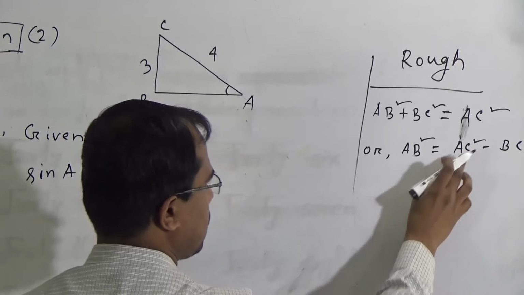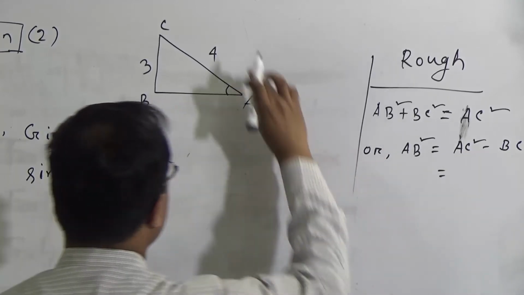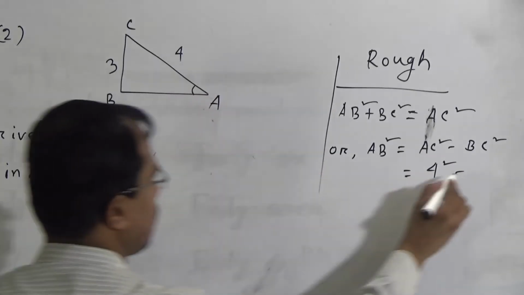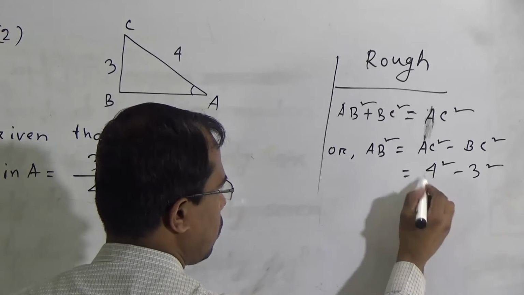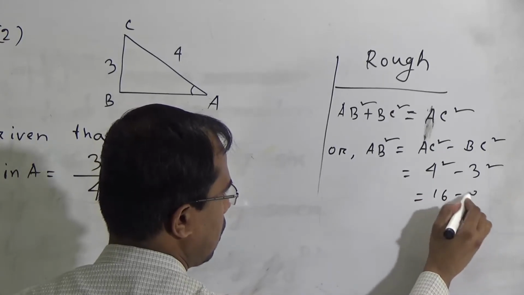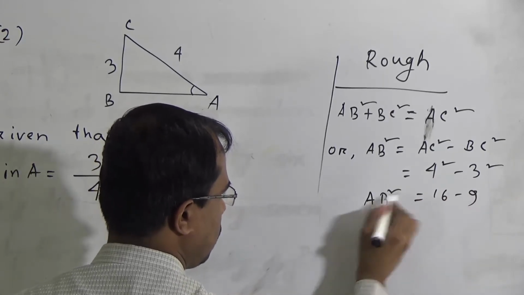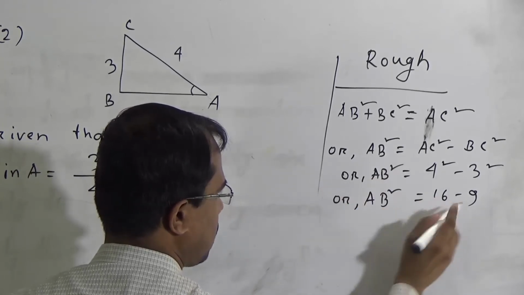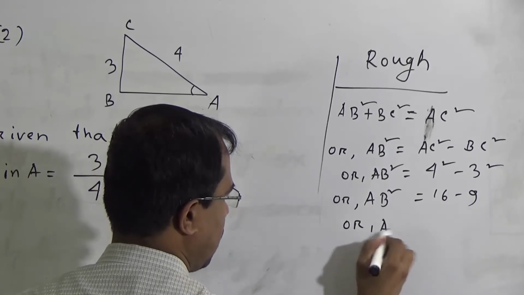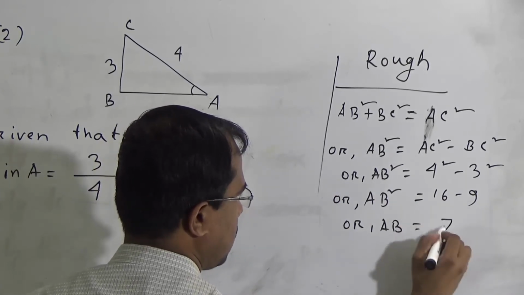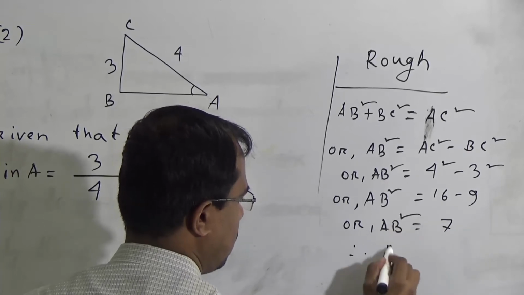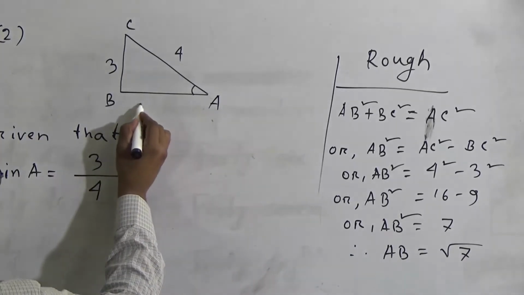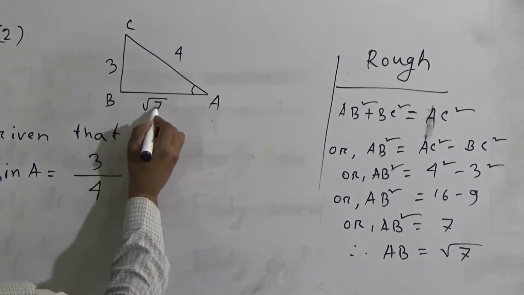Here length of AC is 4. That means 4 square minus length of BC is 3 square, and this is equal to 16 minus 9. That means AB square equal to 16 minus 9 is equal to 7. Therefore, AB is equal to root over 7. So, length of AB will be root over 7.